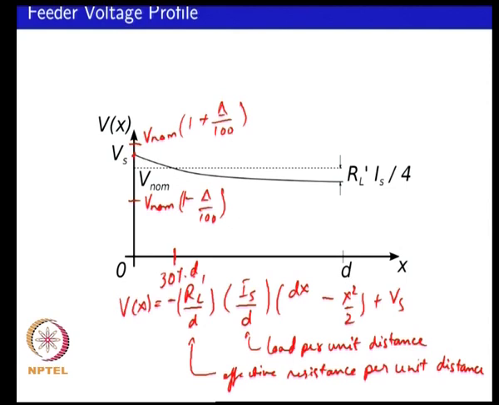Okay. And then you could ask what would be done in a typical distribution system to adjust the voltage along the feeder. Okay. So, one thing you could have is a tap changer at the substation. You could have an online tap changer, OLTC, which could adjust the taps to actually get such a profile as this.